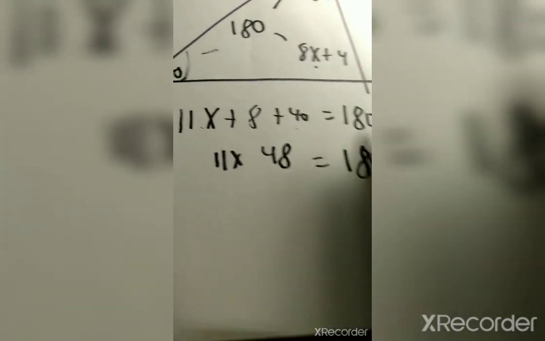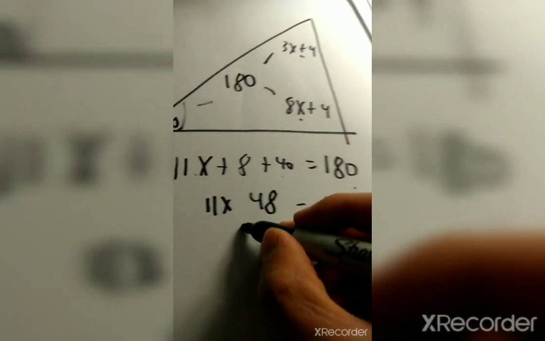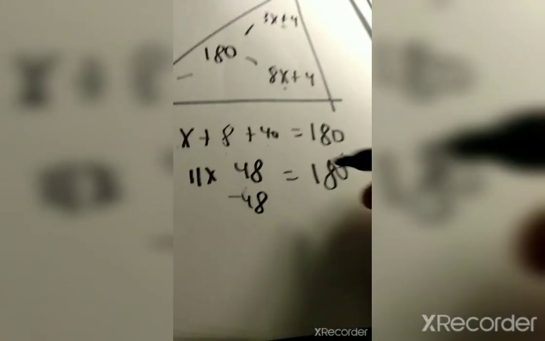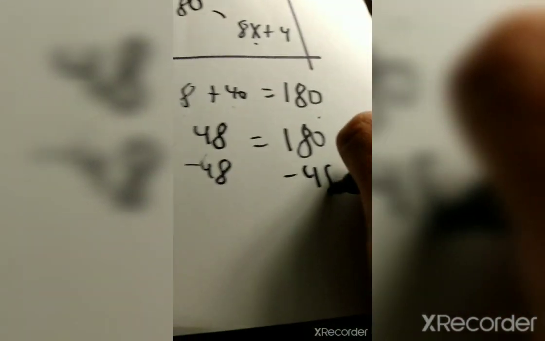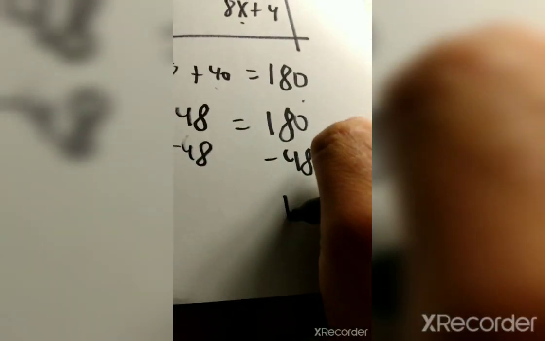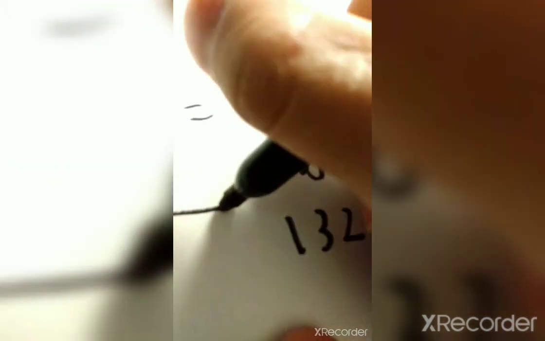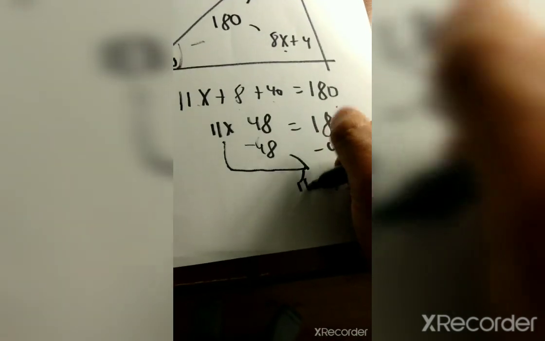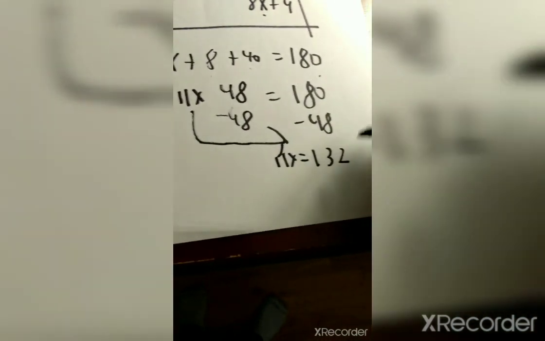We have to see what x is, so we have to get x alone. If we subtract 48 from both sides, 180 minus 48 equals 132, and we have that 11x left over. So 11x equals 132.